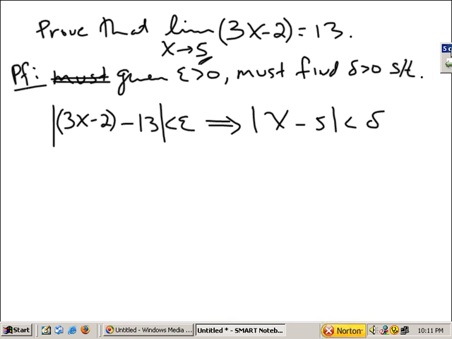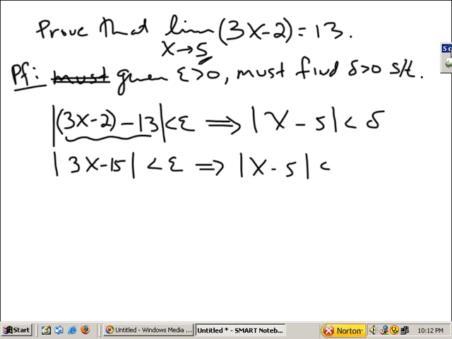Okay. Well, this here is really 3x minus 15. We want to show that this implies x minus 5 is less than delta. That is, these last two lines are exactly the same.